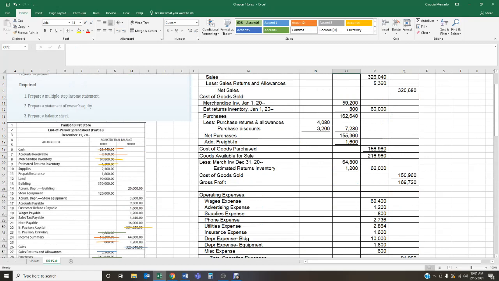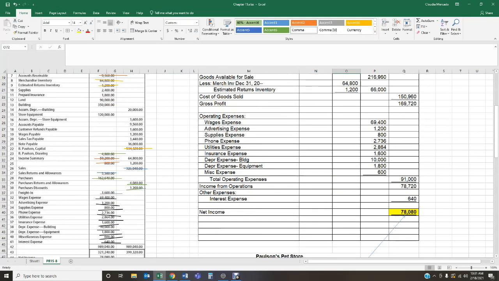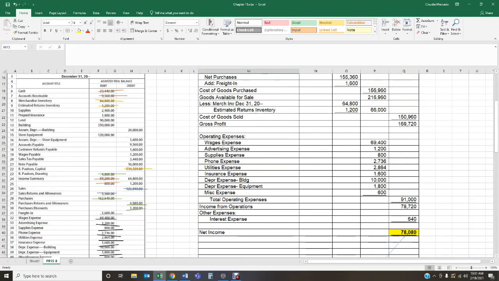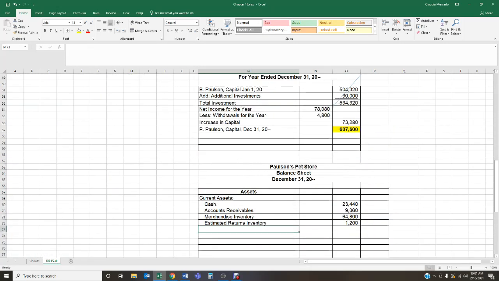We also have estimated returns inventory of 1,200. We have supplies of 2,400.